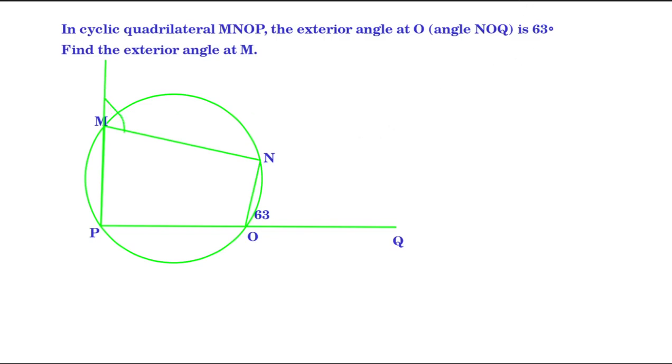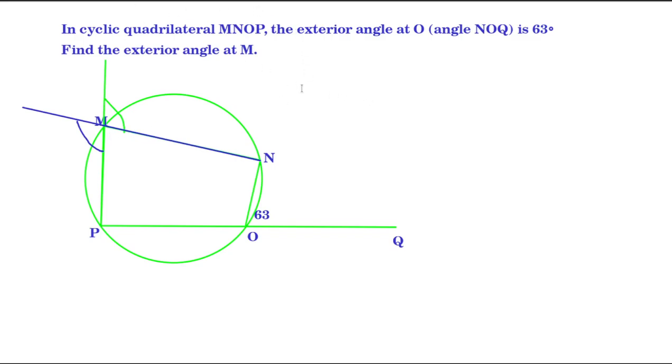And if you decide to extend NM, this will be the angle you are looking for. And basically these two angles are just equal. So let's first find the angle here, which is the interior opposite angle.